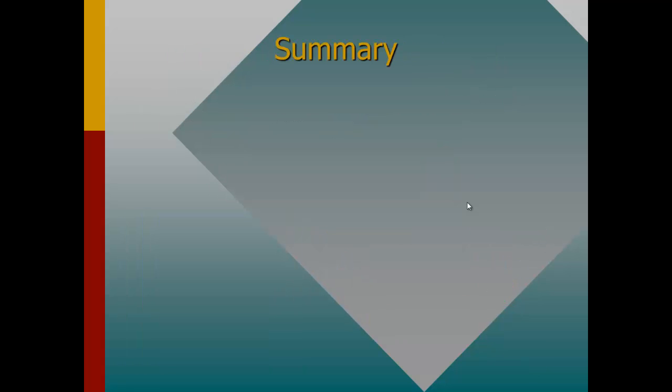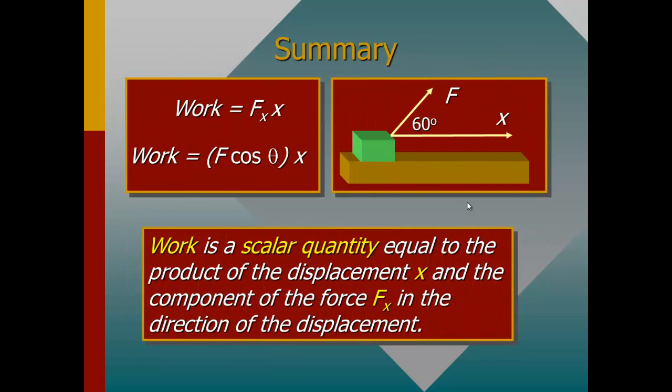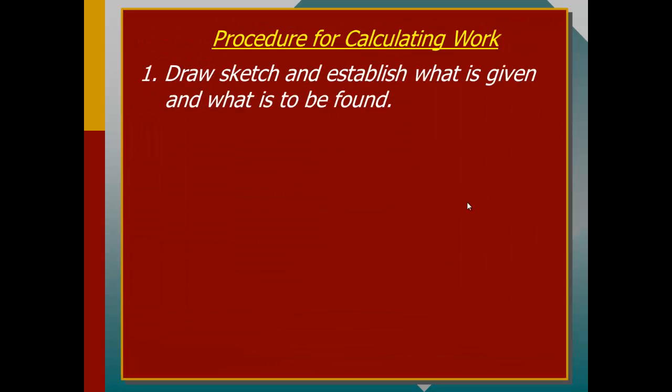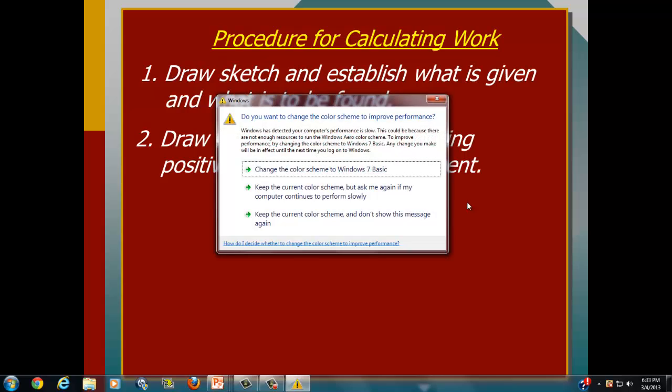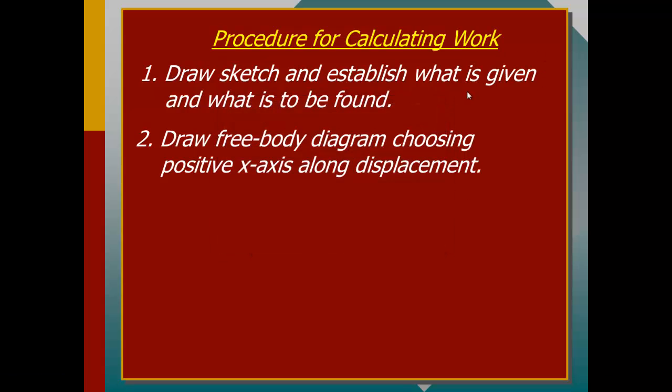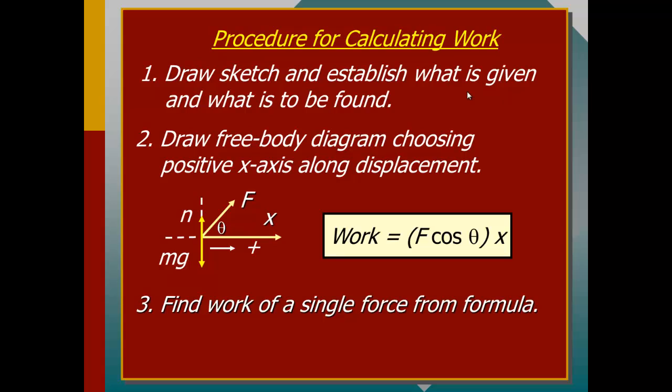So here's a summary. Remember that work is a scalar quantity, and the component of force has to be in the same direction as the displacement, and that's where we get the cosine. And always draw what we're doing. Do a free body diagram and find the work of a single force from the formula, and the resultant work is the work of the resultant force.